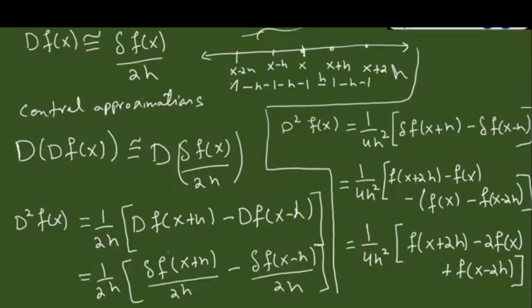I hope that I do not need to explain why I get minus 2 here. Just have minus f of x and minus f of x. Okay, so this is the whole term I get, and this is equal to the second order derivative of the function defined in the central sense.